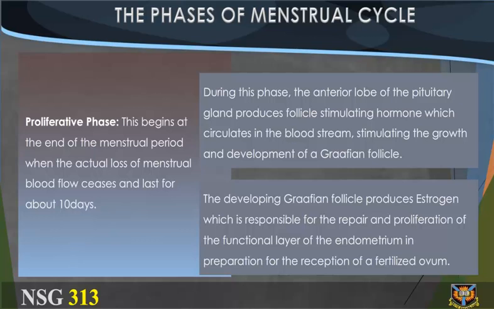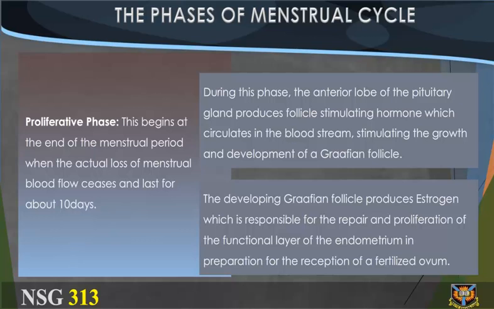Proliferative phase. This begins at the end of the menstrual period, when the actual loss of menstrual blood flow ceases, and lasts for about 10 days. During this phase, the anterior lobe of the pituitary gland produces follicle stimulating hormone, which circulates in the bloodstream, stimulating the growth and development of a Graafian follicle.